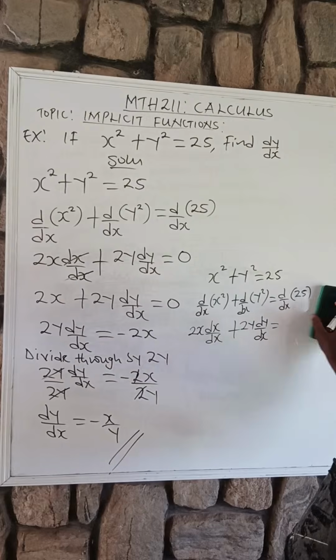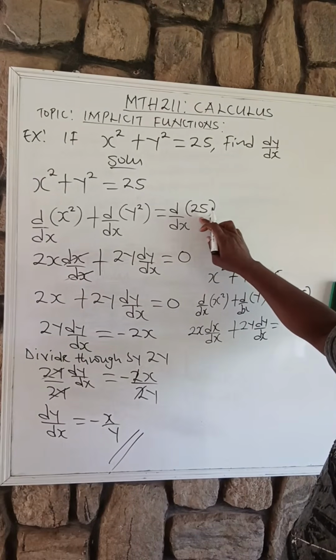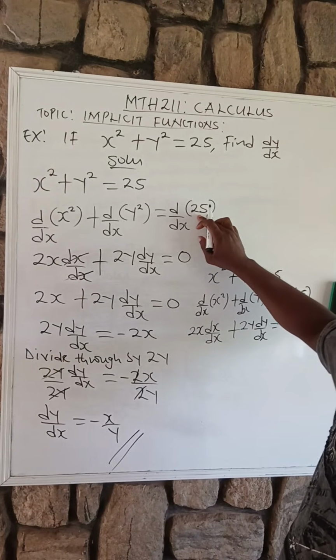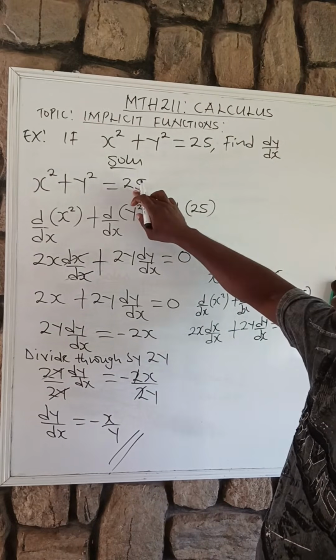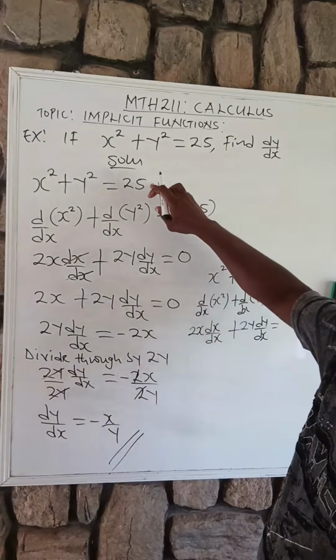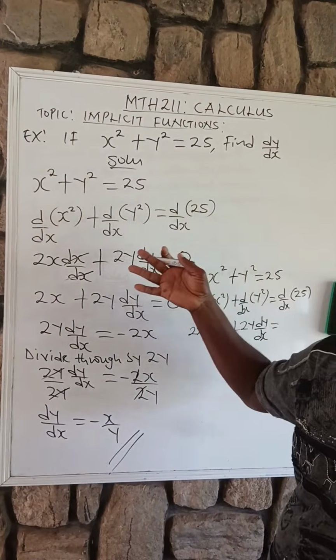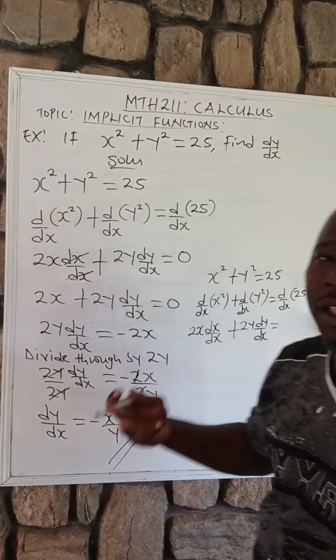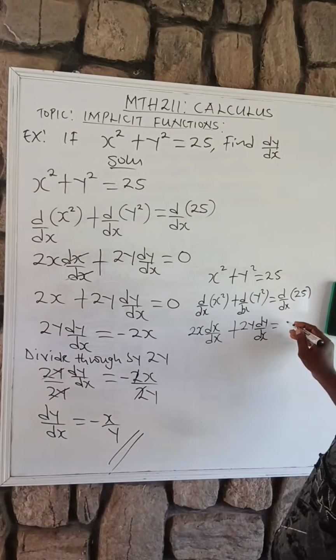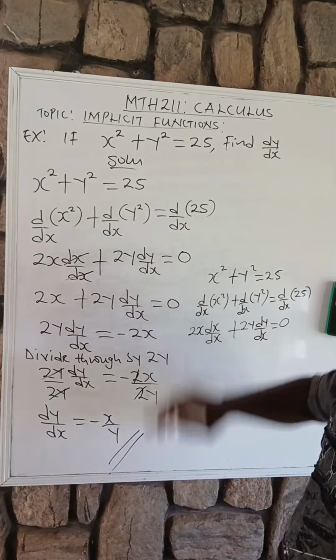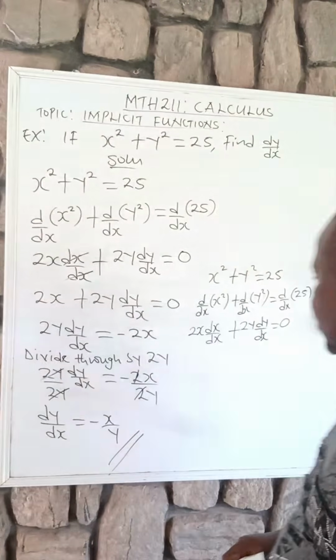Then equals to, here there is no variable attached to this 25. Look at it here. It is only 25. There is no y, there is no x here. True or false? So this is a constant. So whenever you differentiate a constant, it gives you 0. That is why we obtain 0 here. Do you understand?